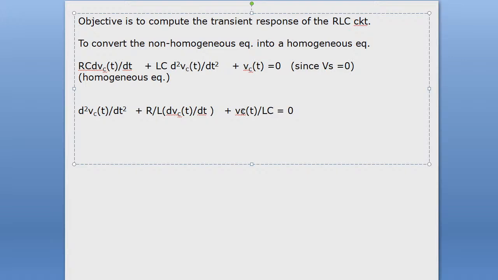Everyone look at the equation and write this as equation 3.